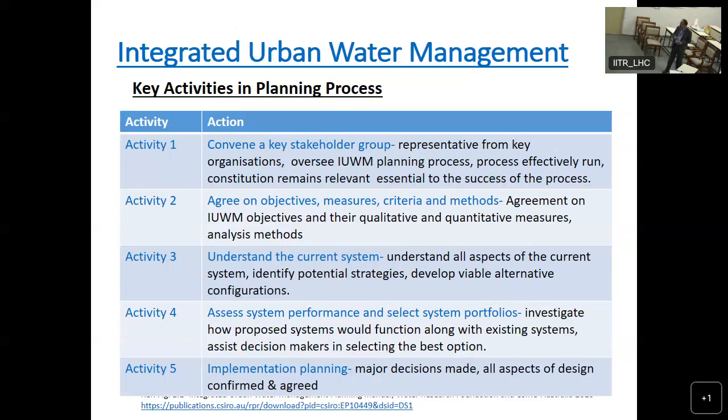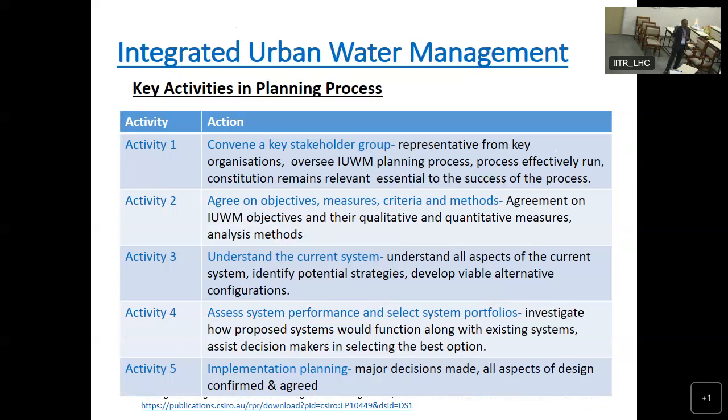So the system portfolio is maybe, okay, in one option we are using rainwater tanks, we are providing rainwater tank supply to toilet supply for garden watering. In another case, we are using stormwater system. In the third portfolio, we can have the portfolio supply. And basically the aim is how best we can minimize the freshwater resource.